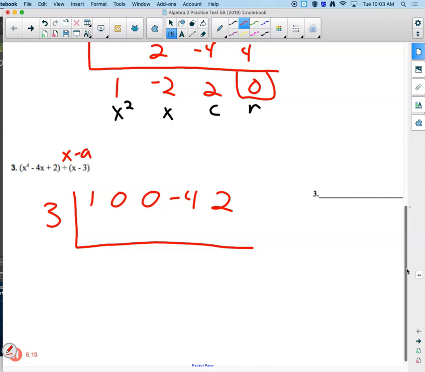Again, slowly and carefully, do your synthetic. And this is probably more realistic because it does have a remainder this time.